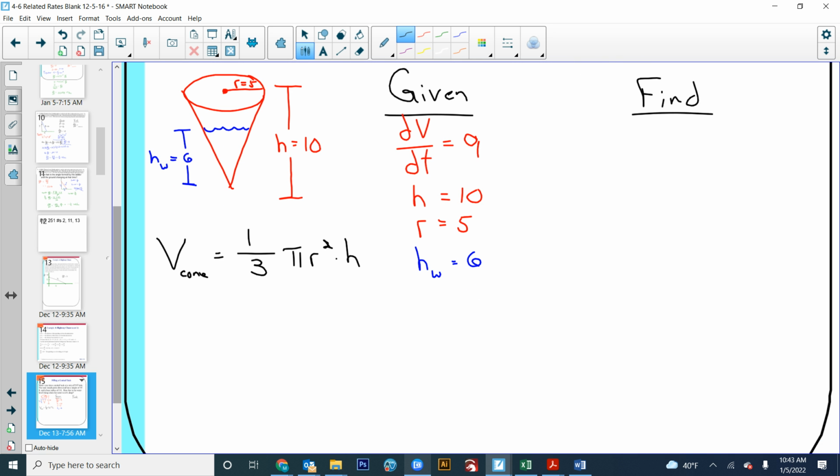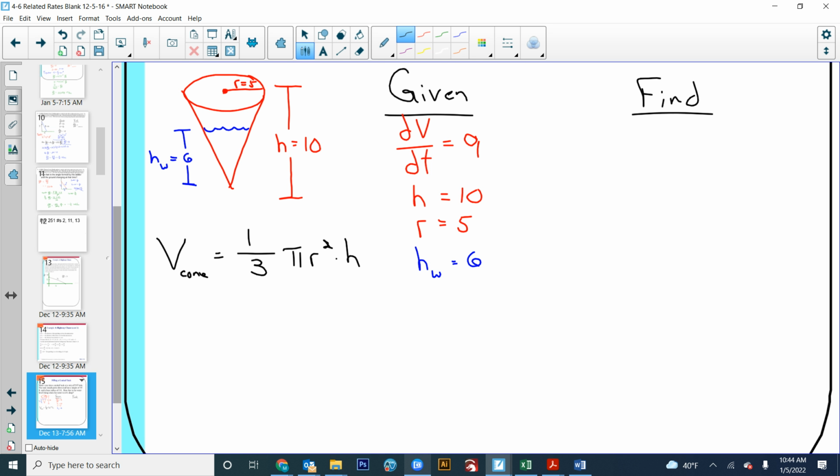Would it be helpful if we could write r as a function of h or h as a function of r, so we only have one unknown on the right-hand side? Would we rather have h's in our problem or r's in our problem? H's, because we're trying to find dh/dt, right?